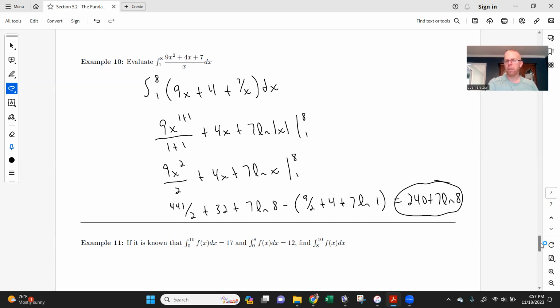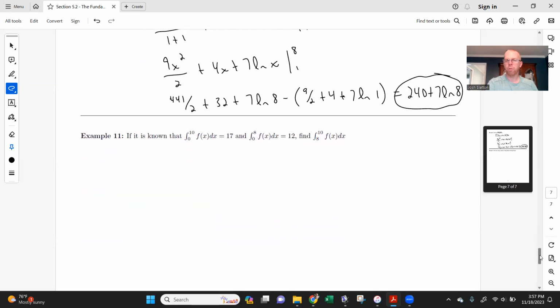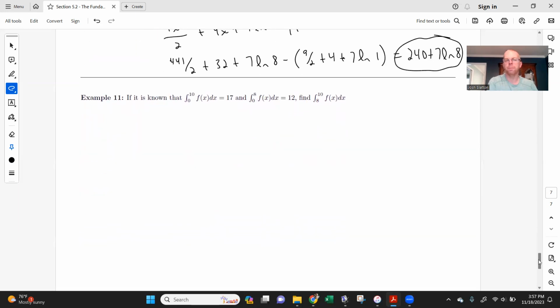All right, and then the last one is a little bit more abstract, so we don't have an actual function here. We're given that the integral from 0 to 10 of f of x is 17. The integral from 0 to 8 of f of x is 12. We want to find the integral from 8 to 10. So we're going to assume that f is continuous.